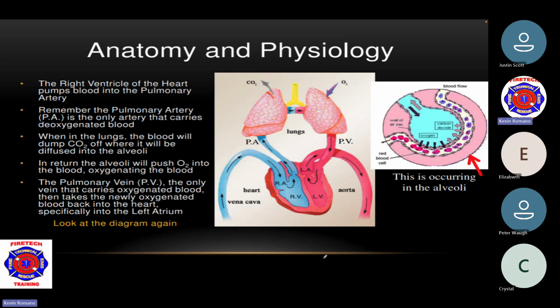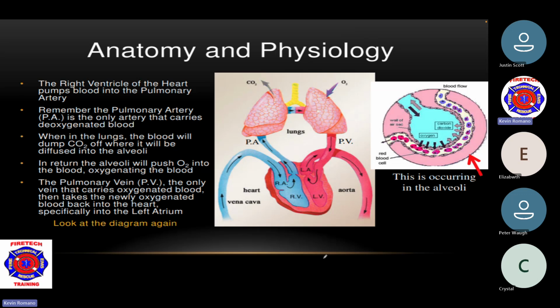Right, so a little more A and P again. The right ventricle of the heart pumps blood into the pulmonary artery. Remember, the pulmonary artery is the only artery that carries deoxygenated blood. When in the lungs, the blood will dump carbon dioxide off, where it will be diffused into the alveoli. In return, the alveoli will push O2, oxygen, into the blood, oxygenating the blood.